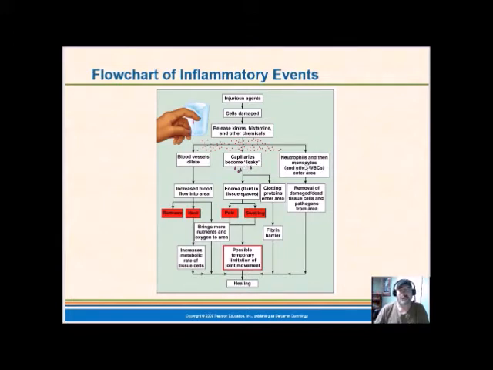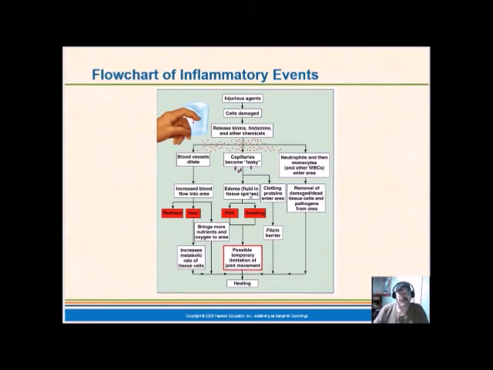And then through the chemicals that have been released, we get neutrophils and monocytes and other white blood cells, which are drawn into the area. Now, the increased blood flow into the area leads to the redness and the heat, because blood is hotter than body temperature.